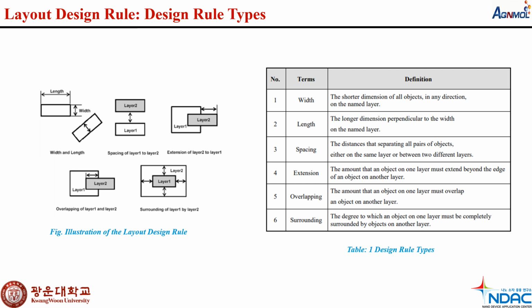For overlapping, we should know the amount that an object on one layer must overlap another object on another layer. And finally, the surroundings: the degree to which an object on one layer must be completely surrounded by another object on another layer.